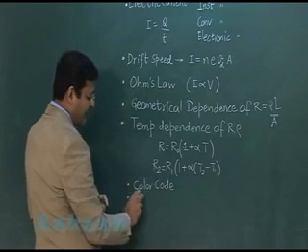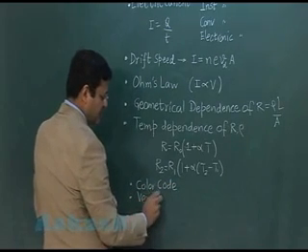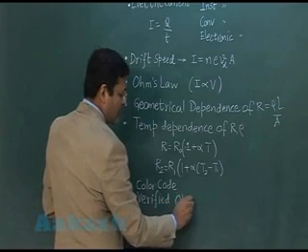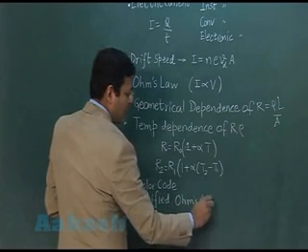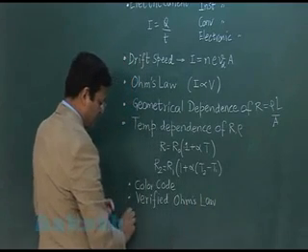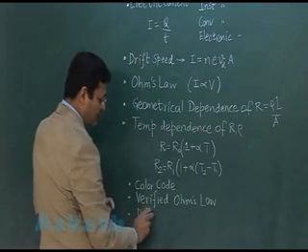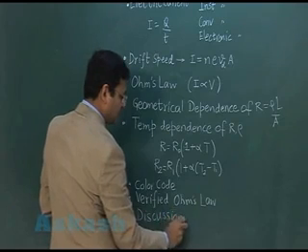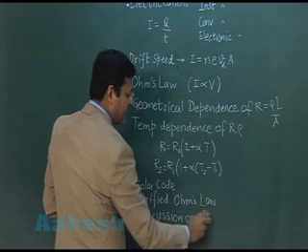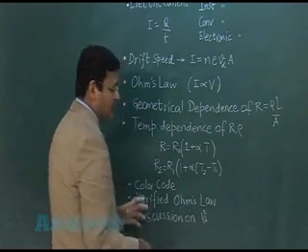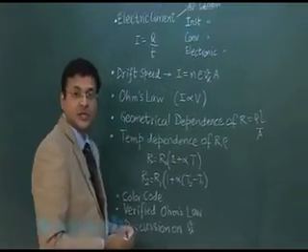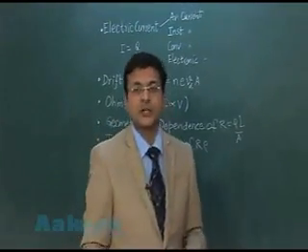Then we verified Ohm's law. And at the end, we had discussion on drift speed, in which I made you careful about how you can make mistakes. So this is all in today's lecture.